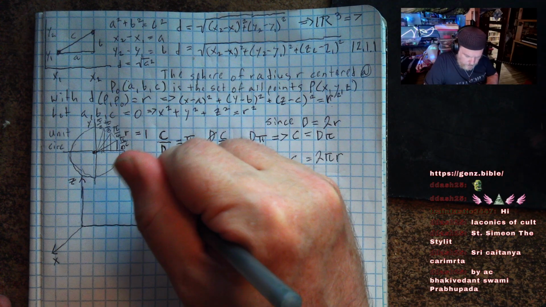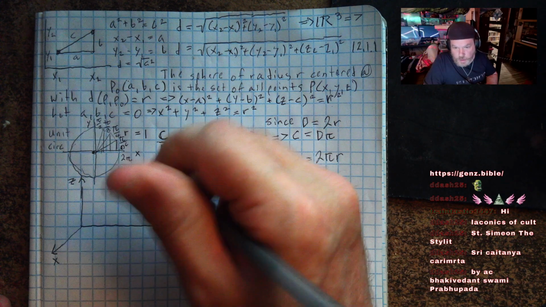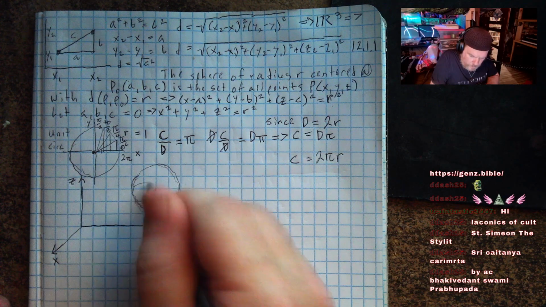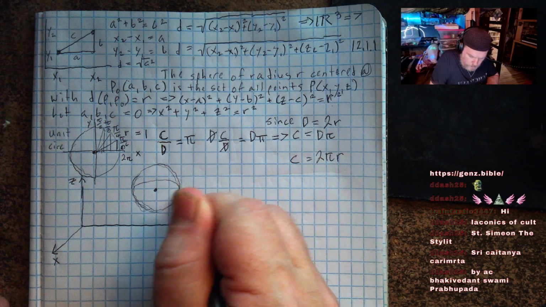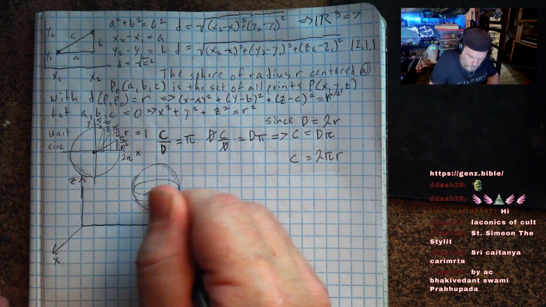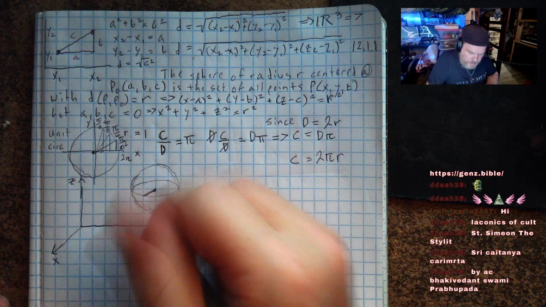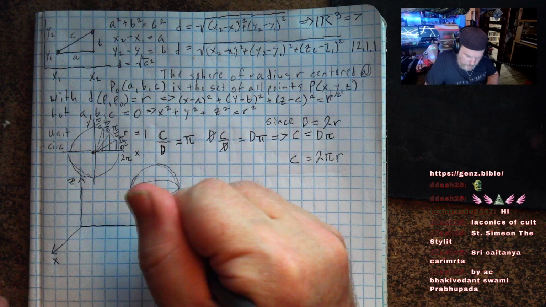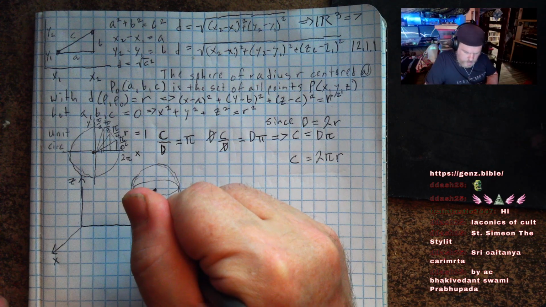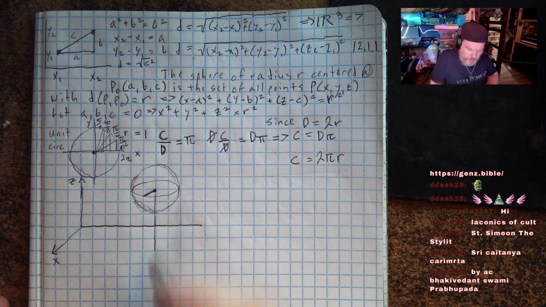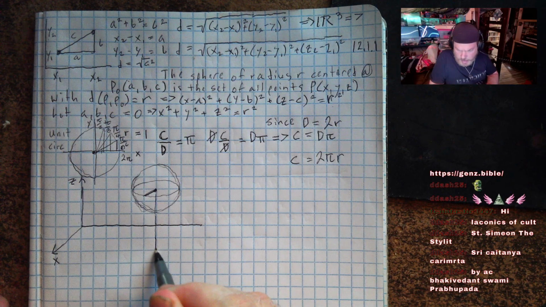Now, that's going to be my radius. And I'm going to go down into the plane here. Say it's up above the plane.